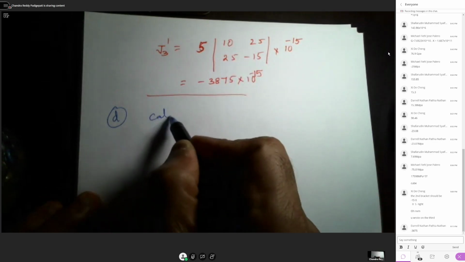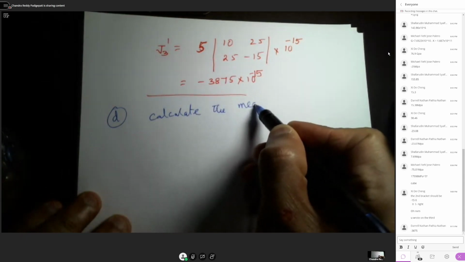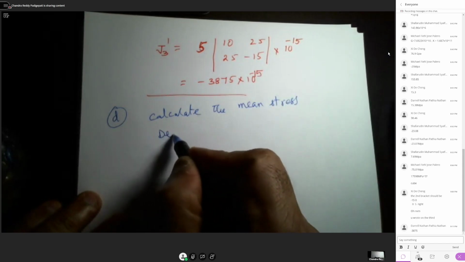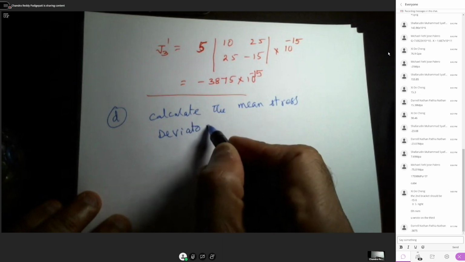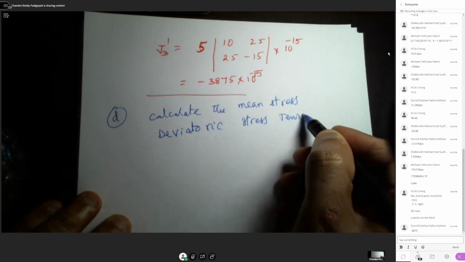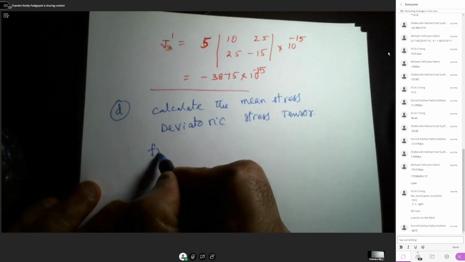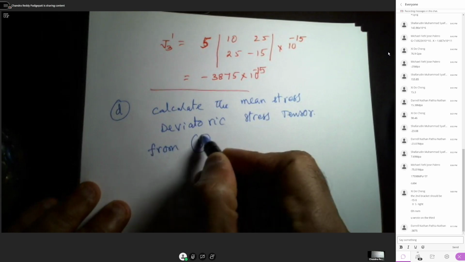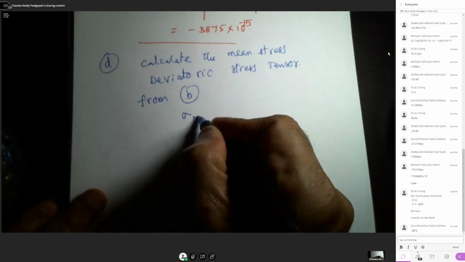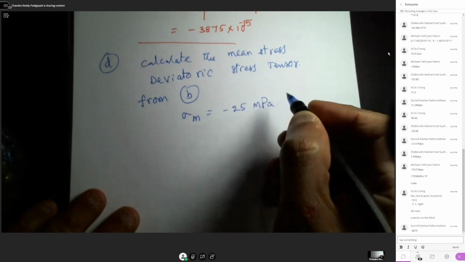So in part C, you're asked to calculate the mean stress, which we have already done, and the deviatoric stress tensor. We have already calculated this in part B, so you can just rewrite the value: sigma m is equal to negative 25 megapascals.